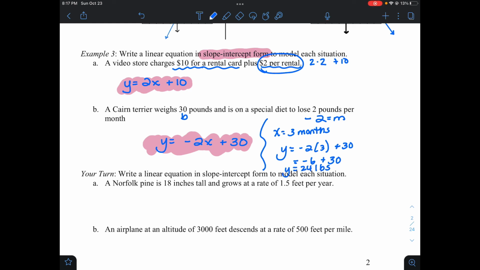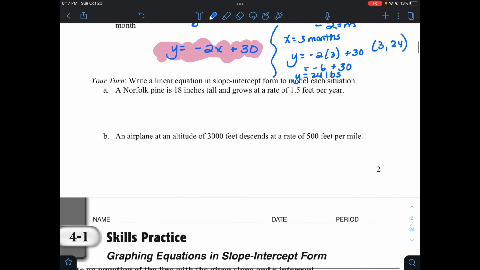And then that actually would be an ordered pair for us. We could have 3, 24 would be another ordered pair. And we're going to get into graphing that, but we did graph with tables before, so that's just an example of graphing with tables. All right, last your turn. So pause the video, try these two, and then get back to me.